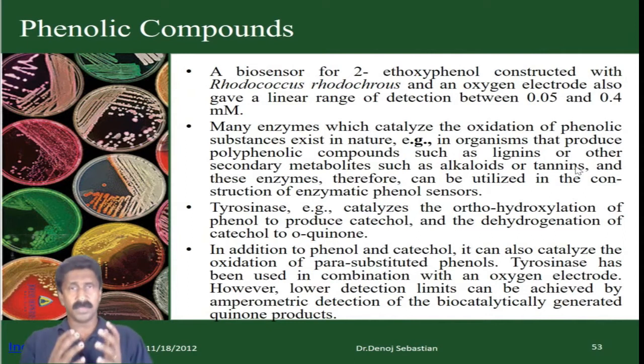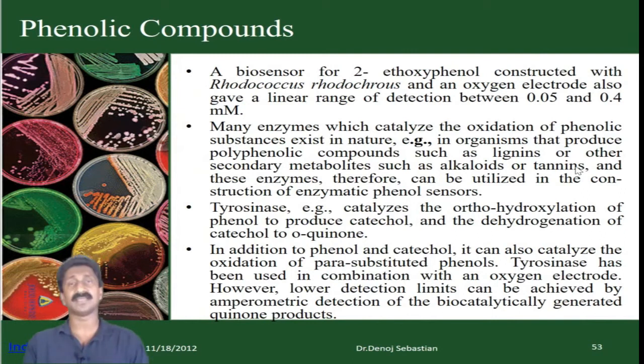Many enzymes which catalyze the oxidation of phenolic substances exist in nature. For example, in organisms, phenolic compounds such as secondary metabolites, such as alkaloids or tannins, can be catalyzed in enzymatic phenol sensors.